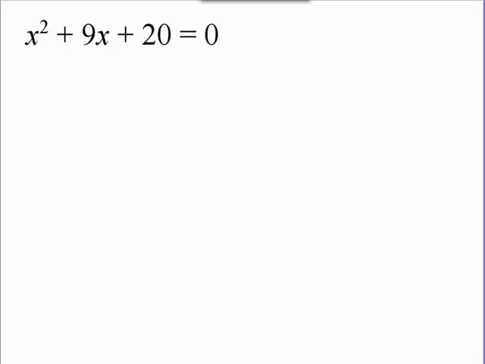Okay, so now, with that in mind, I want you to try and solve this one for me: x squared plus 9x plus 20 equals 0. Let's go ahead. We have a 1x squared. So remember, I look at my last number. 2 factors of 20 that add to 9. 5 and 4. How do you get a positive 9 from 5 and 4? 2 positives. So now I have 2 quantities.